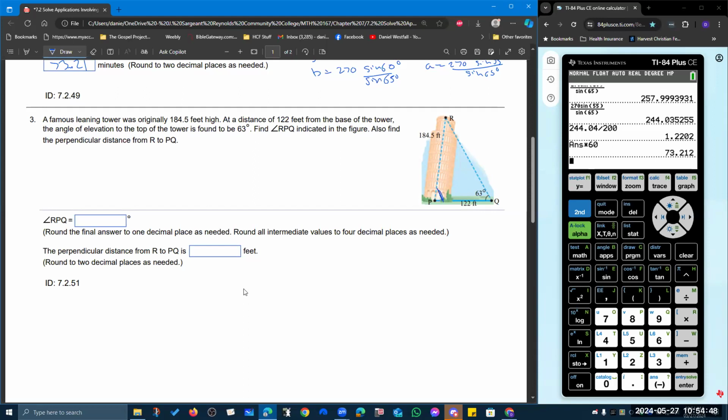To do that, we're going to have to find this angle up here, though. And we're also going to find the perpendicular distance here, this height that I just drew in blue.